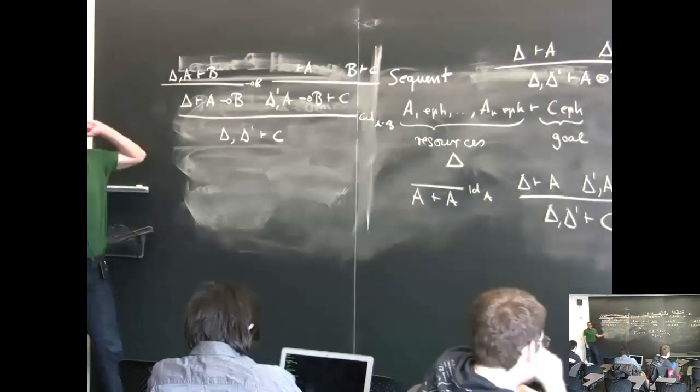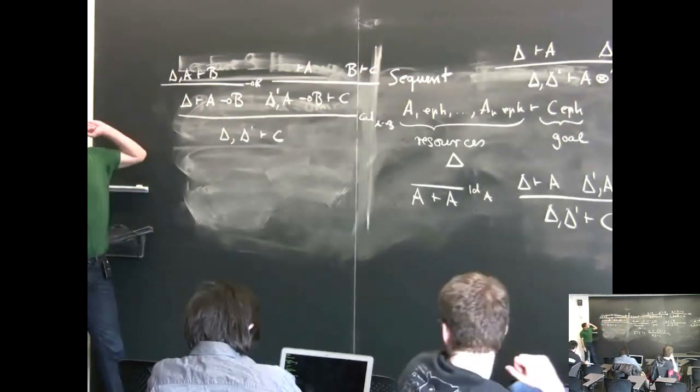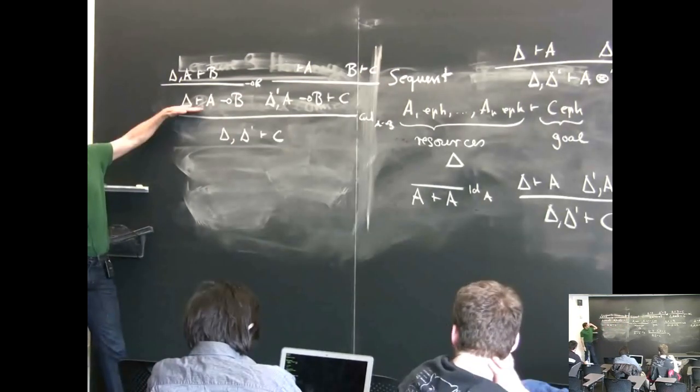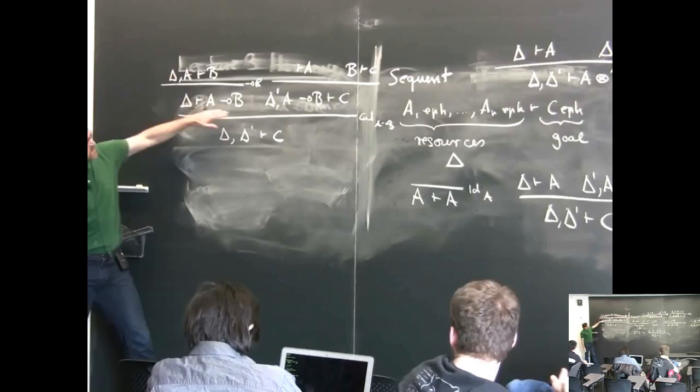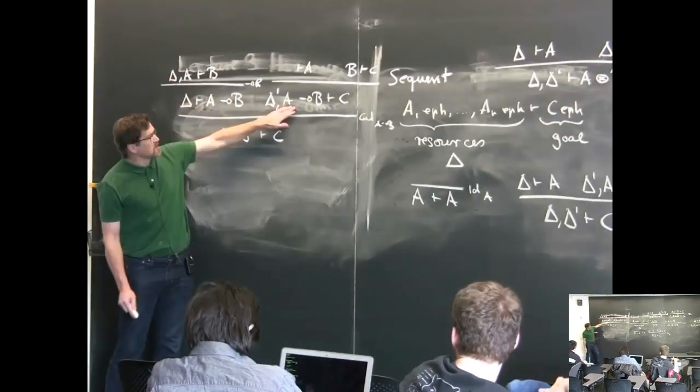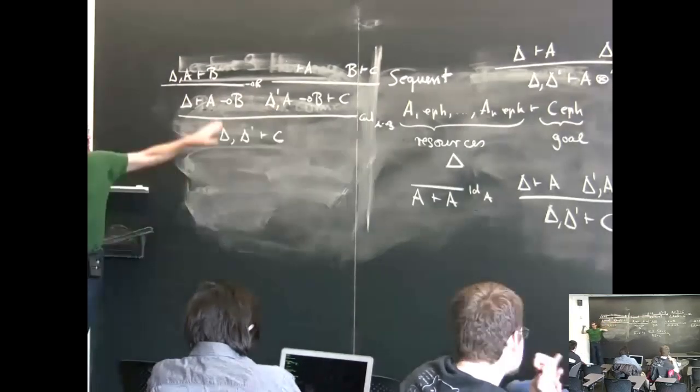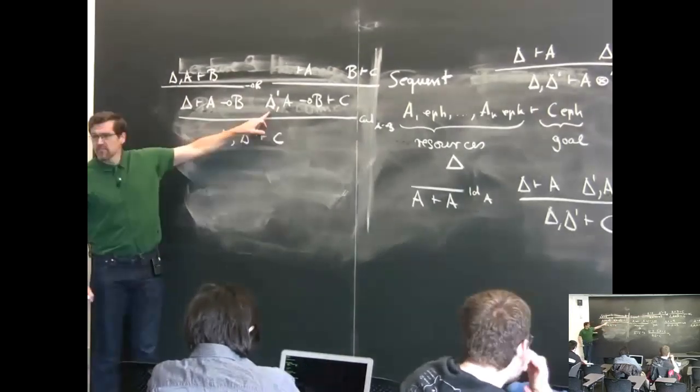So what do I need to do here to complete this? I need to consider all possible right rules that can be applied here to infer this, and all possible left rules to use this, and make sure that the use and the proof of it is the same.